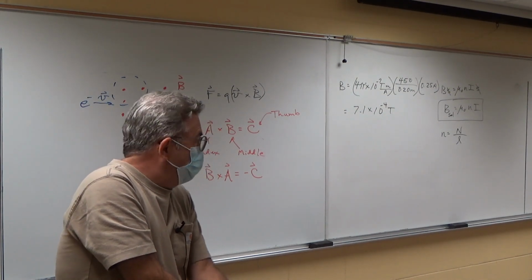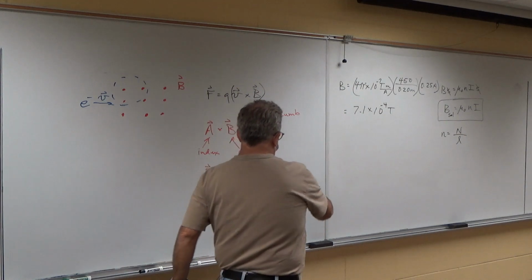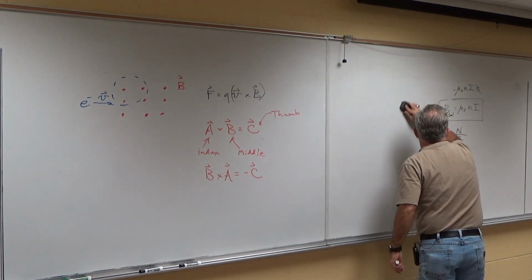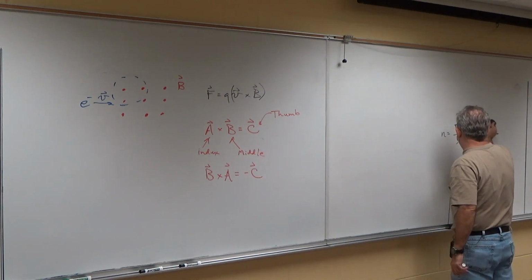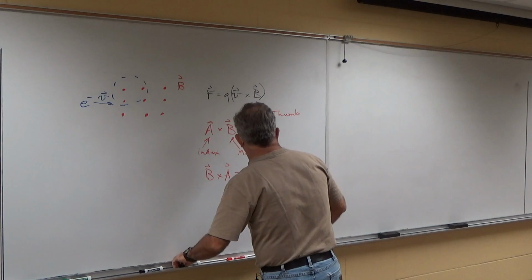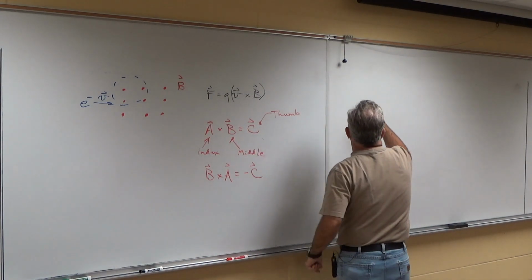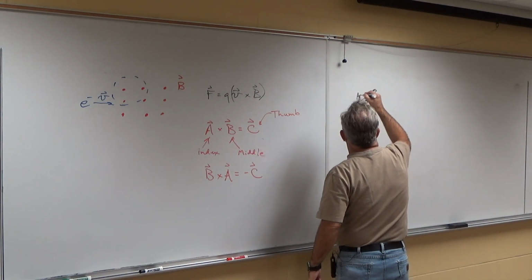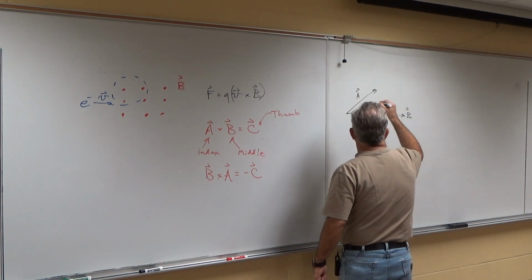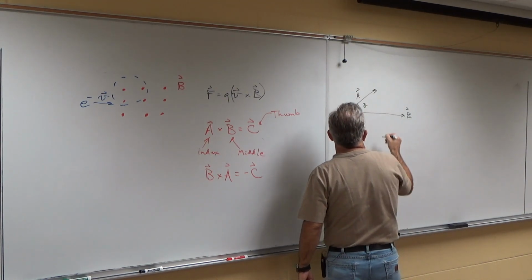The cross product, I don't want to get way deep into these cross products. Maybe we should, but remember when we had the dot product, you had A, B, and this is the angle theta.